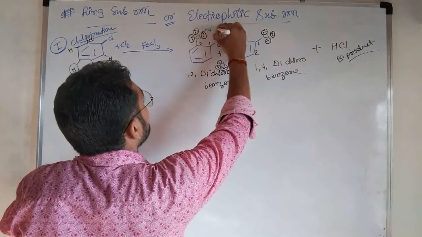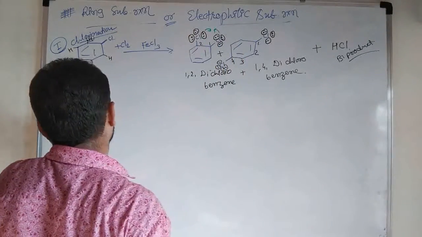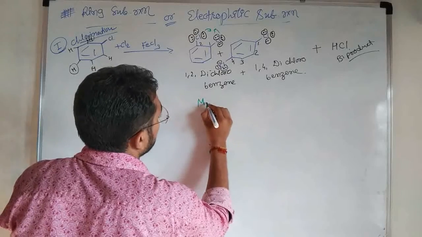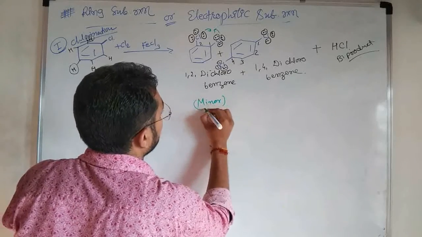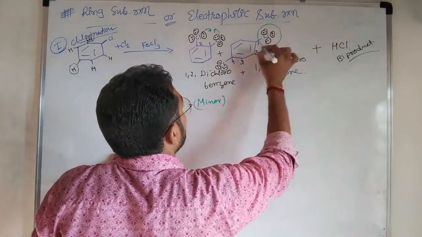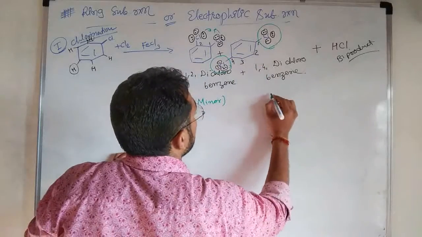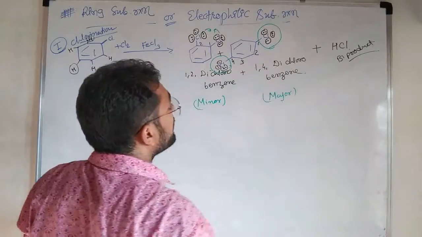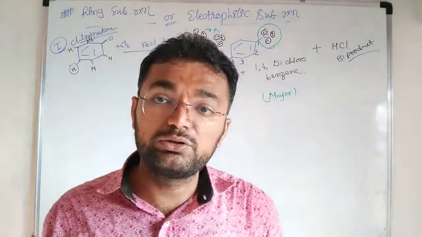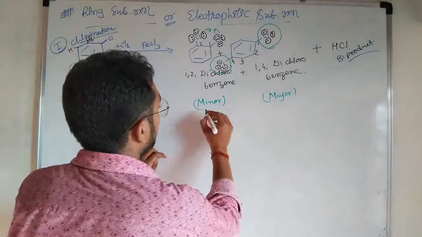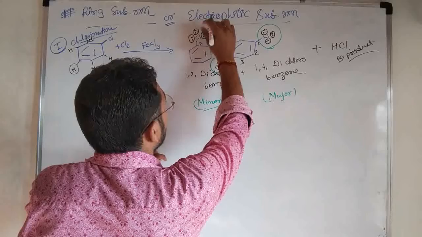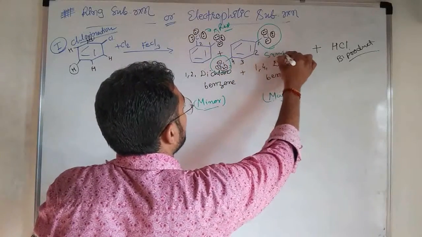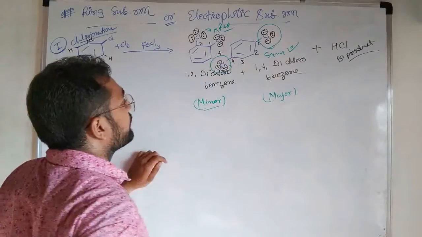Repulsion between these and this group is possible. Because of this repulsion, this is the minor product, and in this position symmetry favors. So that's why 1,4-dichlorobenzene is major and 1,2-dichlorobenzene is minor. Minor because of repulsion, and here symmetry favors, here symmetry does not favor.